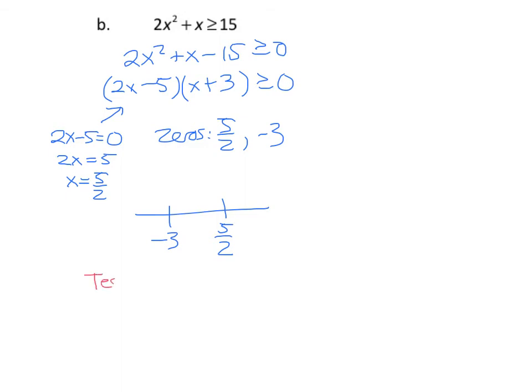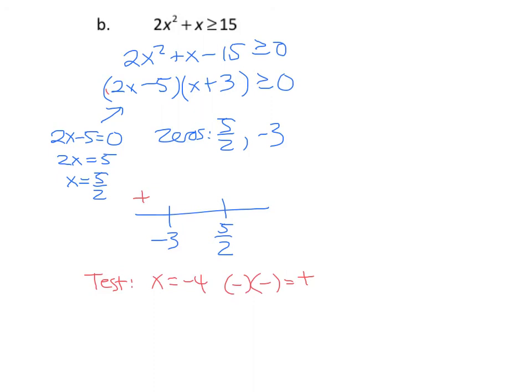So I test a number to the left of -3, like -4. And when I plug -4 into 2x minus 5, I get a negative. And when I plug -4 into x plus 3, I get a negative. And a negative times a negative is always positive. So we get positive in this region.